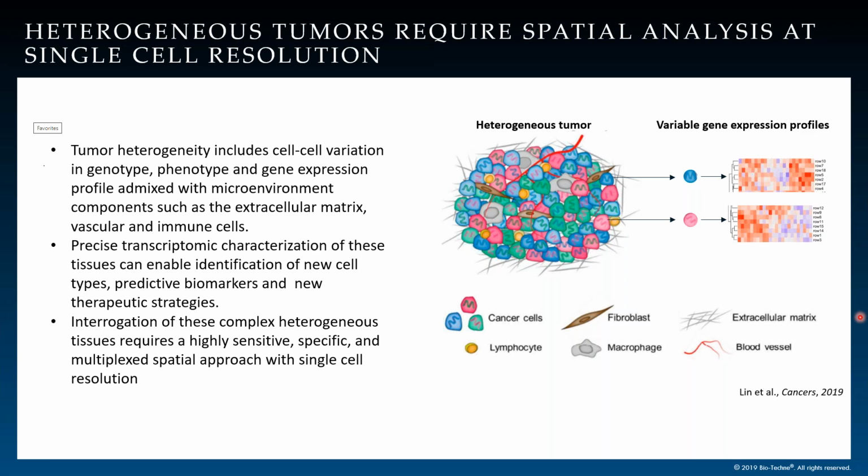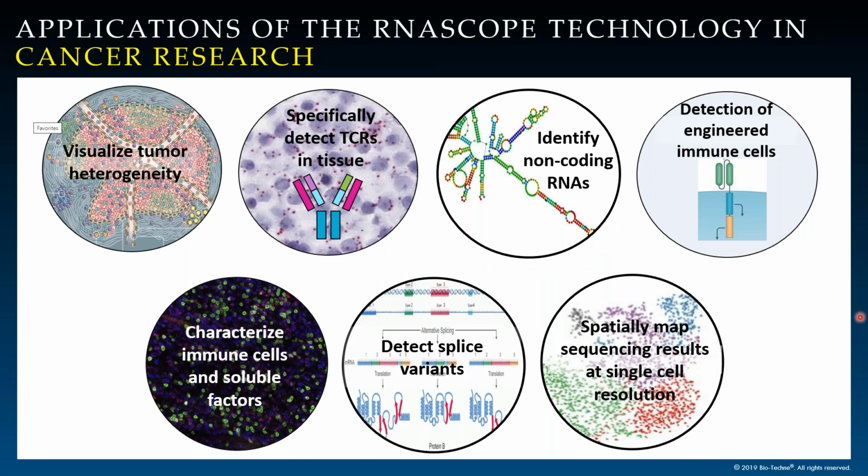So we believe that RNAscope is an ideal tool since it allows for visualizing tumor heterogeneity, for detecting immune subtypes, for visualizing TCRs on T cells, identifying splice variants, and detecting engineered immune cells.